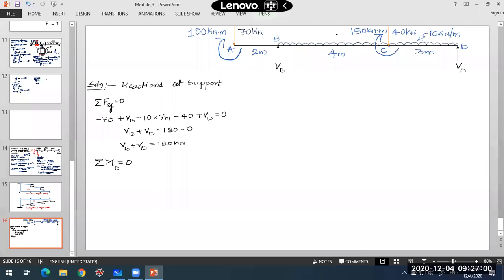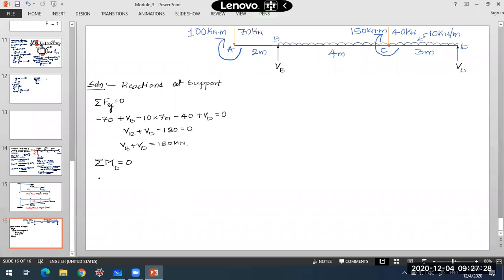Here, the sign convention for bending moment and shear force will not come into the picture. We are taking moment about one point and equating them to 0. For reference, clockwise is positive and anti-clockwise is negative. About point D, there is a clockwise moment of 100 kilonewton meter.